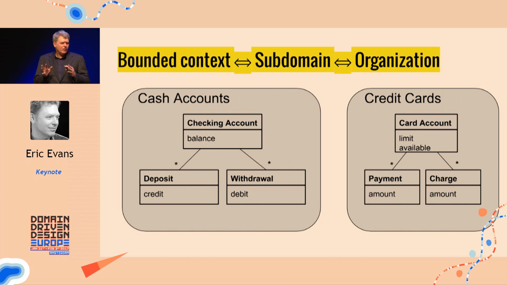And you could translate between these two. You could come up with a value for the balance of a checking account that would relate to the credit limit of a credit card. That may or may not be necessary. So we've got here alignment between a subdomain, the way that we've chosen to break down the business, the organizational structure, and the bounded contexts.